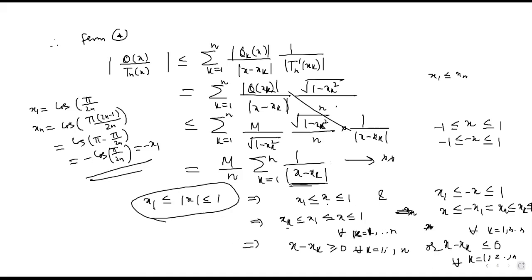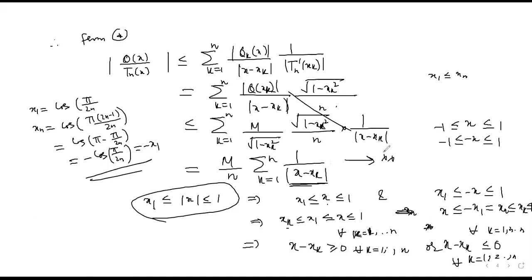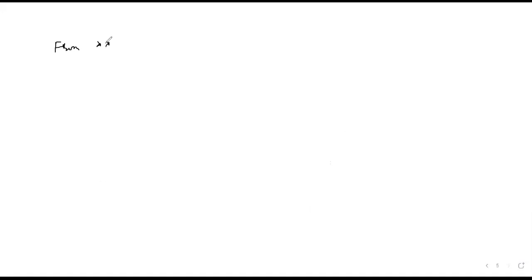So what does that mean? That means, if this is so, from double star, I had given it some name, yes, from double star, I should have q of x divided by tn of x is equal to m by n into summation 1 by x minus xk, we got this. k runs from 1 to n, right?